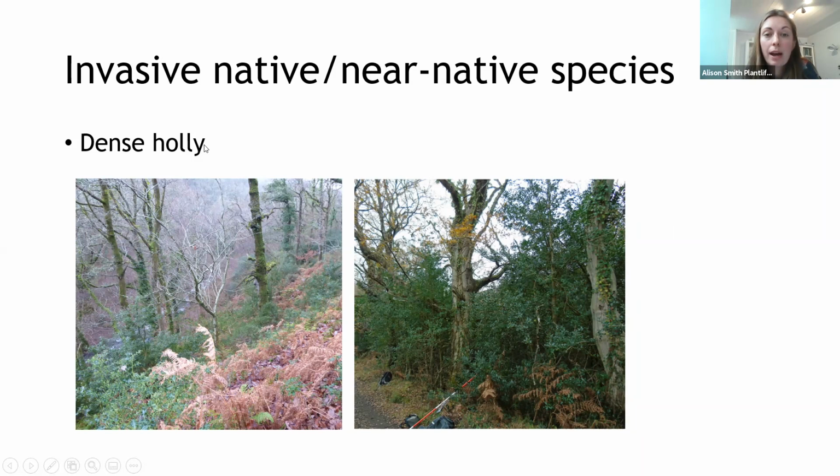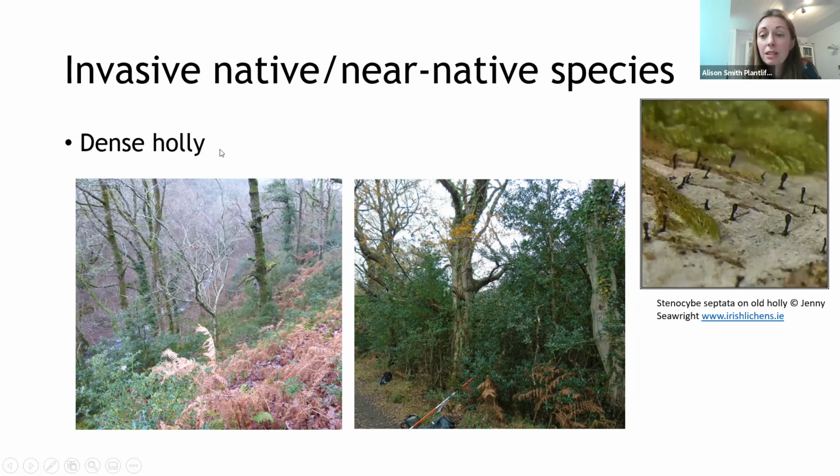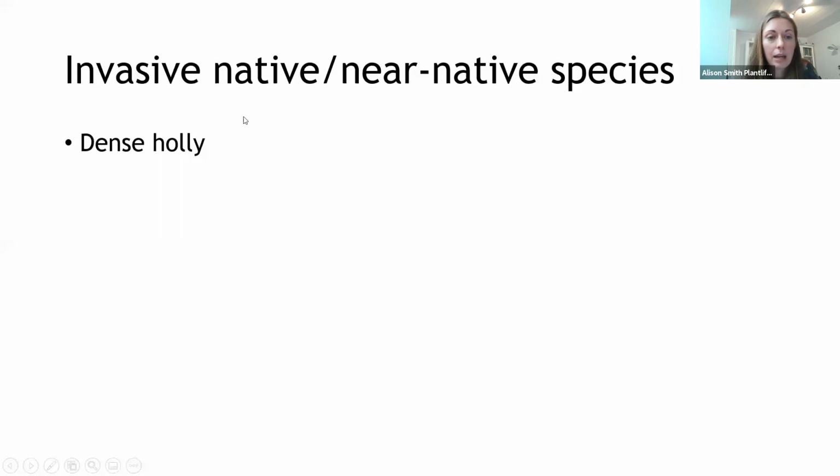But of course, being aware that holly is an important species, and it's an important species for lichens, in fact. So this is a lichen here, a pinhead lichen that grows specifically on old holly. So management is about getting a mix, really, and having some trees that we leave, particularly the older hollies, that would be left as maiden trees, and then the younger holly being coppiced at the ground level to let the light in.